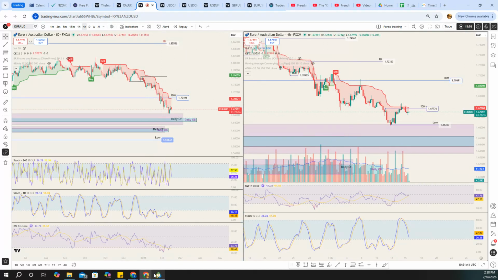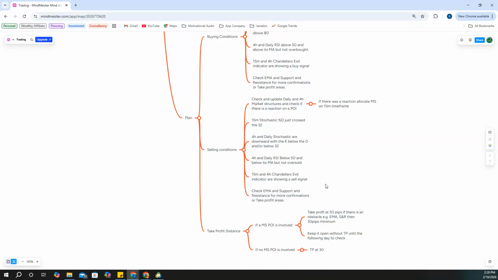And then we look at the 15-minute and the 4 hour Chandelier Exit if they're giving a sell signal. If they're not, then we don't take it. Check the EMA and support and resistance for more confirmations.